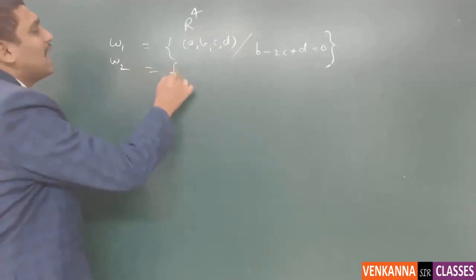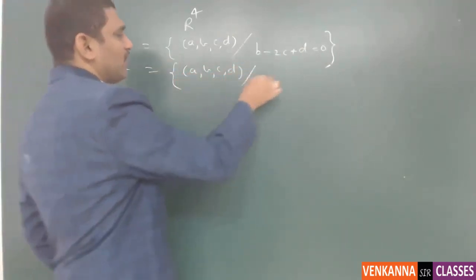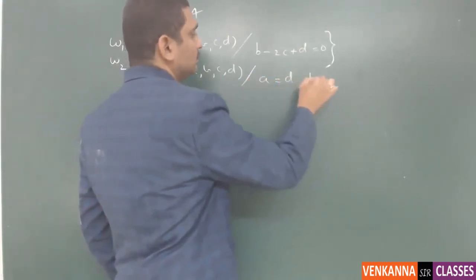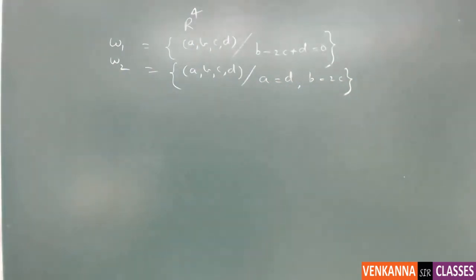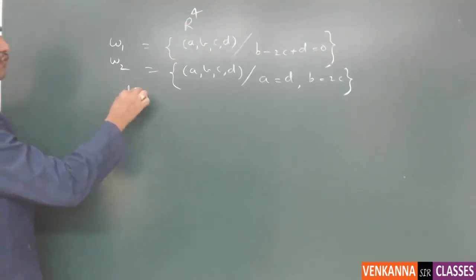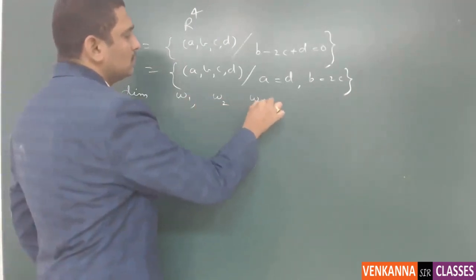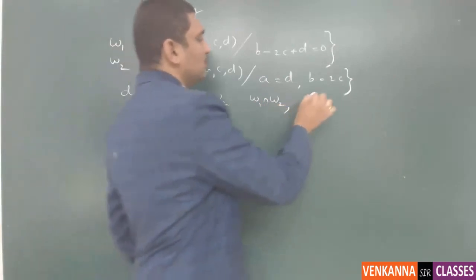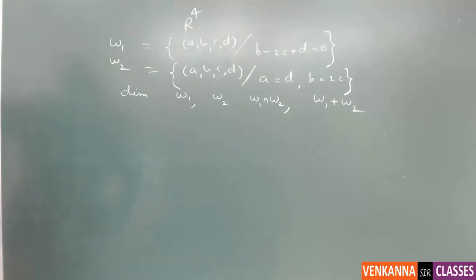W2 contains all 4D points for which the coordinates satisfy the condition A is equal to D and B is equal to 2C. Now, my intention is to find the dimensions of W1, W2, W1 intersection W2 and W1 plus W2.